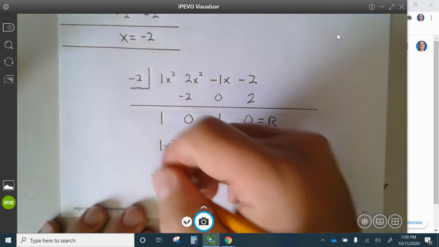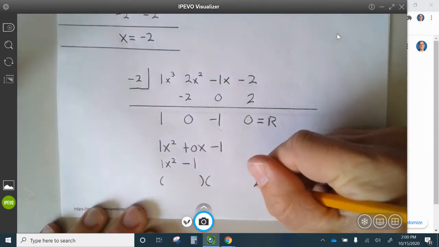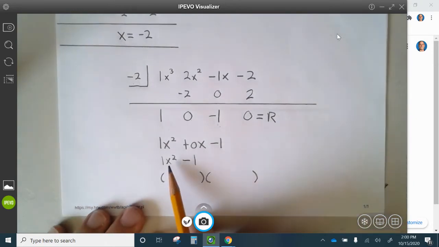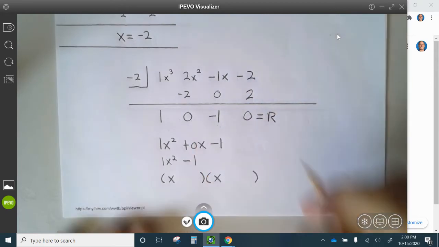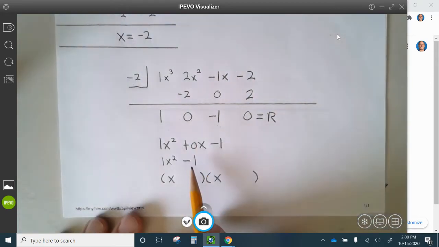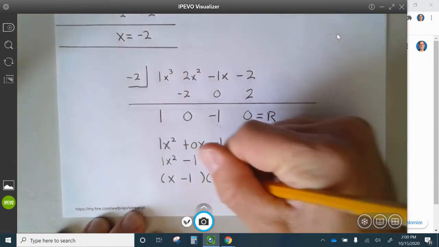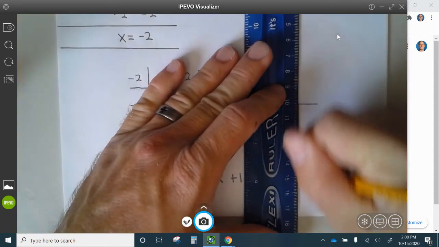Now, to factor this, we know it's 2 parentheses. Okay. Now, we know that x times x is x squared. Now, you ask yourself, well, what do you multiply to give you -1? Well, -1 plus 1. Okay. Now, let me steal some space from this problem here.